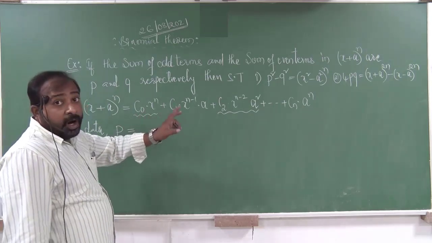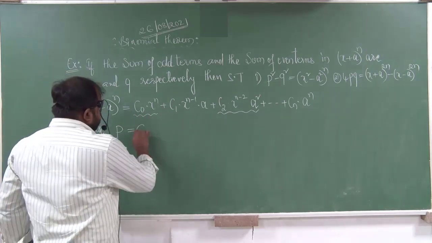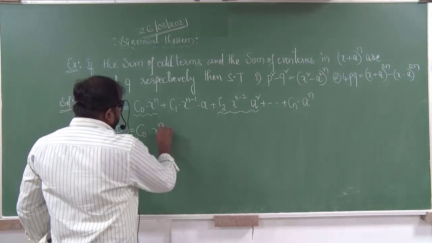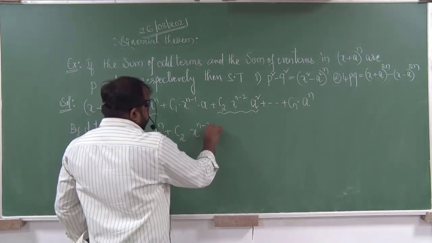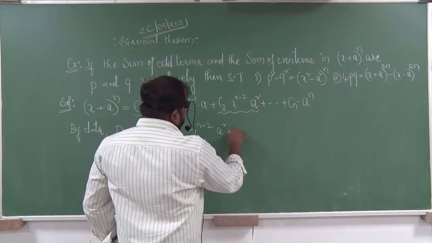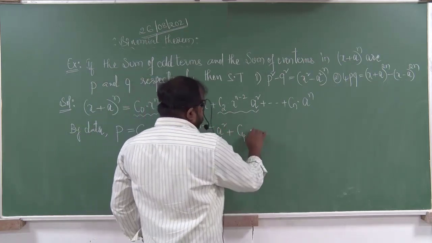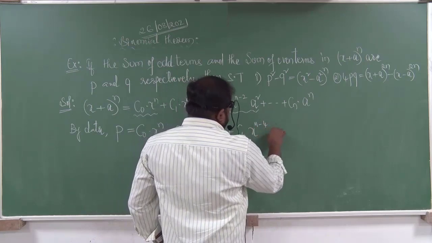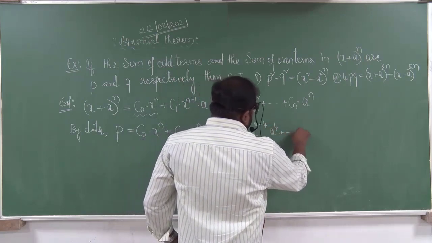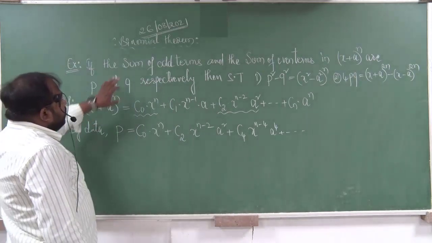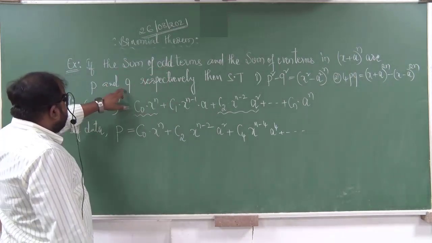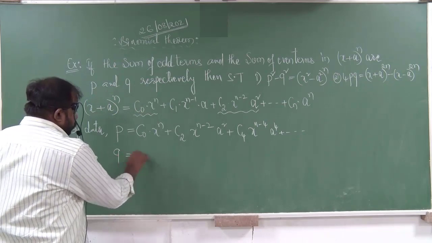P is C0 x^n + C2 x^(n−2) a² + C4 x^(n−4) a⁴ and so on. Next, the sum of even terms is denoted by Q. What is the Q value?